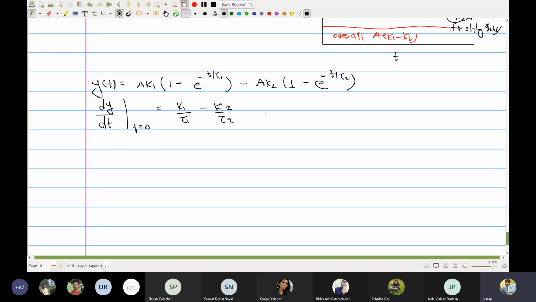Right? This is the derivative of your response at time t equal to 0.